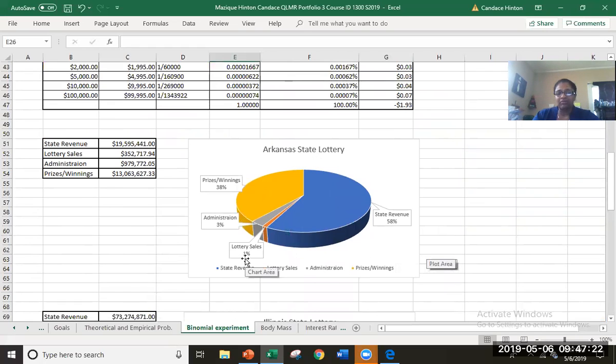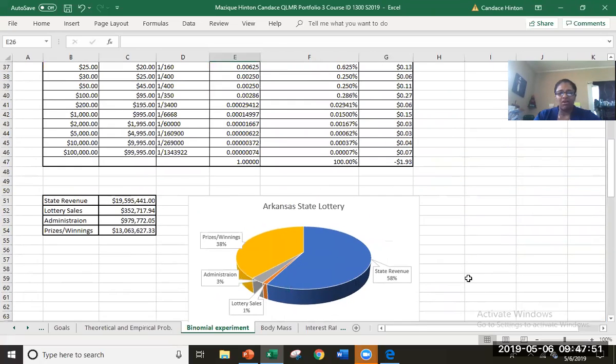I couldn't quite figure out what this 1% was, because it's saying the lottery sales, which is $352,717.94. So I would think that number would be a lot bigger than 1%, but I guess not.